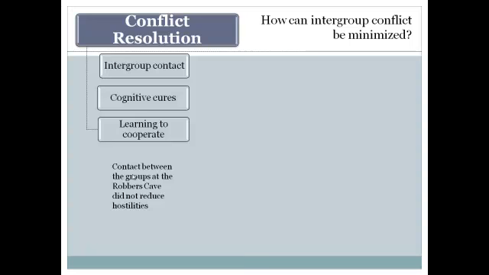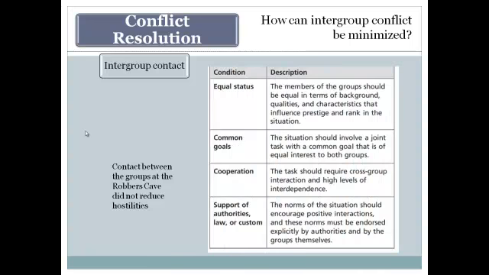So you've got to figure out what kind of contact might be appropriate. And this is the key here. There are these four conditions of intergroup contact in order for the contact hypothesis to work. In order for contact to reduce conflict, this is what needs to be done. There needs to be an environment where they have equal status.